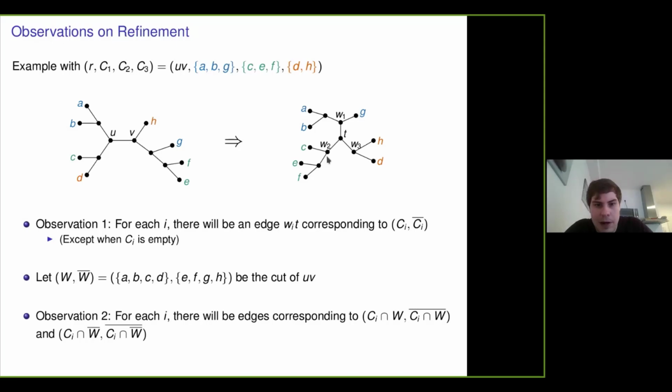So these edges will be like here, like this, here it will be like AB, like C1 intersection W, and here it will be Ci intersection W bar. So these edges are near the root.